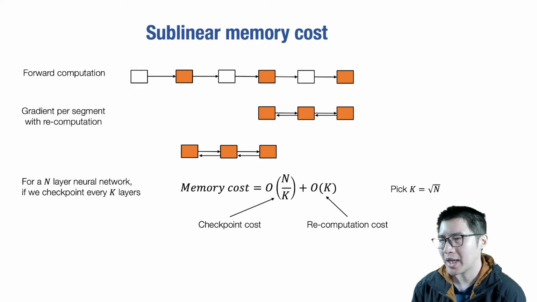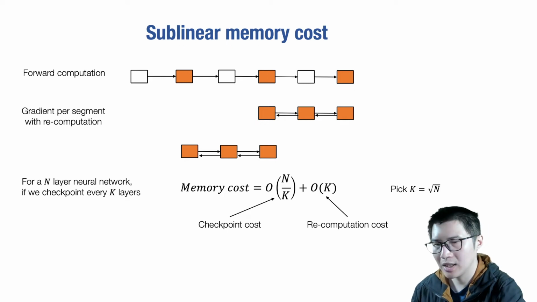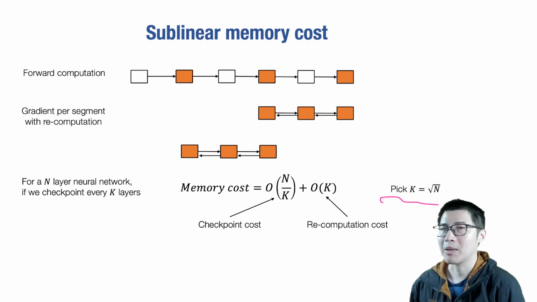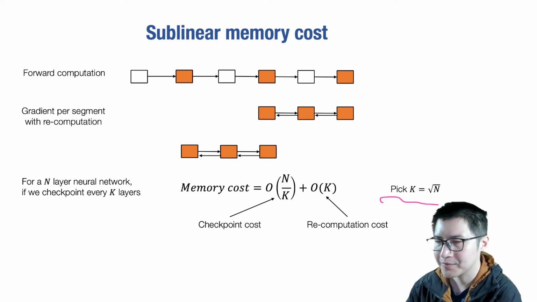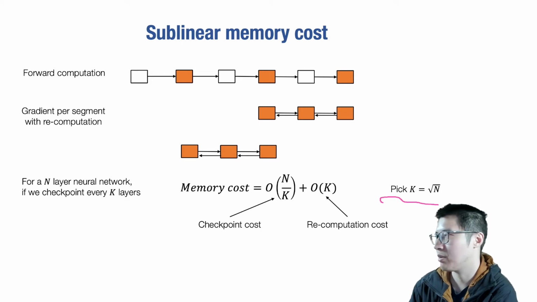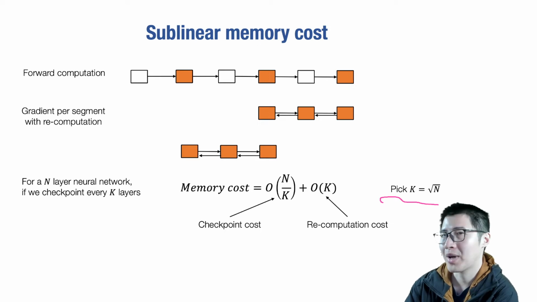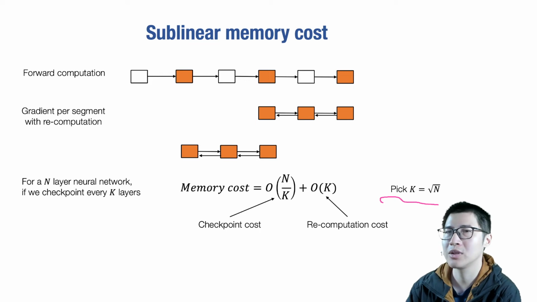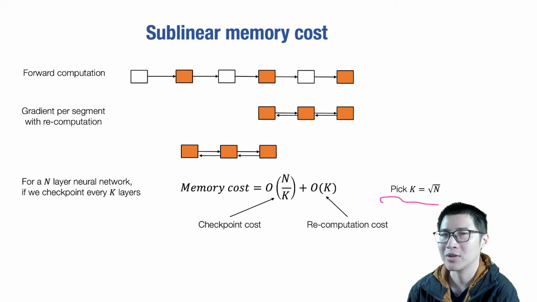Of course, we don't necessarily have to pick k equals square root of n. There are other ways that we can pick. For example, in our cases, we know that the cost of recomputing different layers are different. For example, if you want to go ahead and recompute a convolution or matrix multiplication layer, it's going to be much more costly than recomputing the result of ReLU or other cases, right? So you could choose to, for example, only recompute those cheap layers as opposed to those more computationally heavy layers.